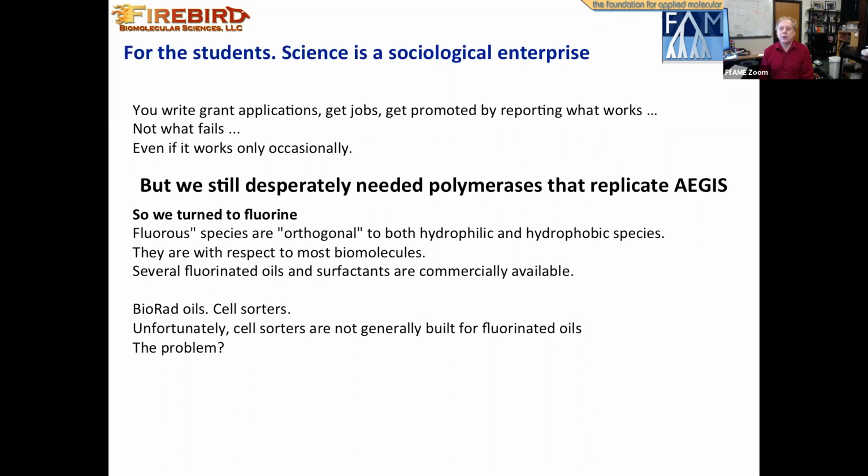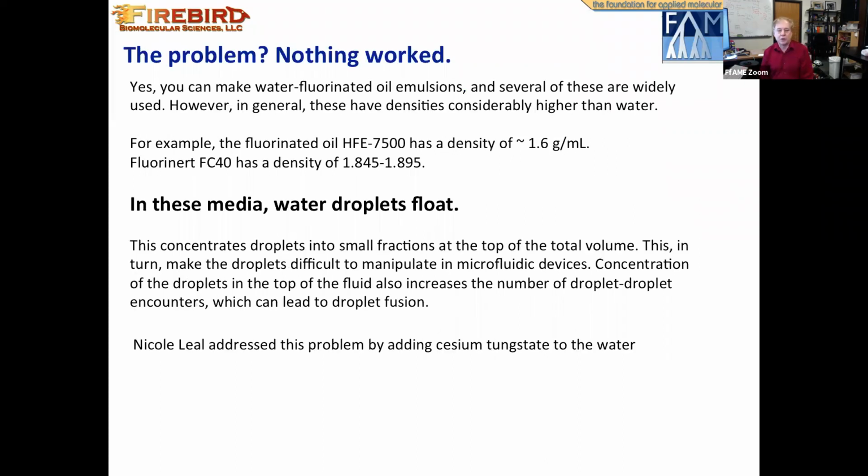He was boating on a lake in Michigan, long into retirement. He did not know where the samples were. The next problem that we have is we actually want to use these fluorinated oils in cell sorters. They're generally not built for fluorinated oil, although Bio-Rad and various other companies now are having them. And so the problem with this is that nothing really works, okay?